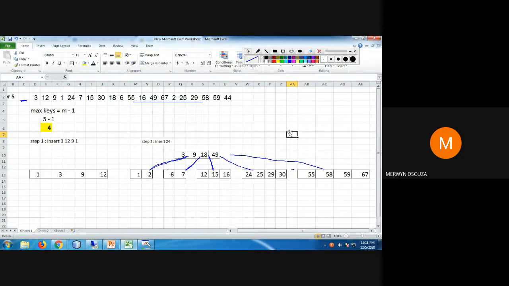And 44. So when 44 comes, where will 44 be inserted? The correct place for 44 will be here.